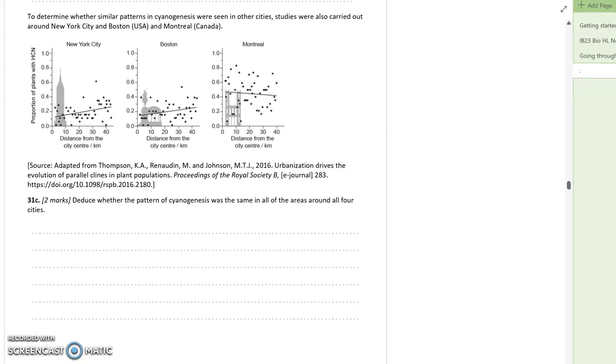Deduce whether the pattern of cyanogenesis was the same in all areas around all 4 cities, for 2 marks. Okay, so deduce, that's going to mean using the data to help you to come up with an answer. So is the pattern the same? You could say that Toronto and New York and Boston showed the same pattern, which is a positive correlation.